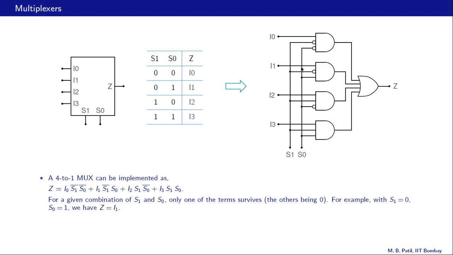It has got I1 as one of the inputs, then it has got S1 bar because we have this circle here, and then it has got S0. So the output of this gate is I1, S1 bar, S0. And the outputs from these AND gates are connected to this OR gate, and that gives us the output.